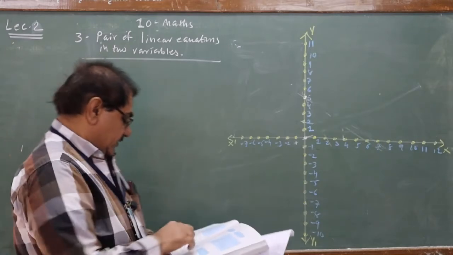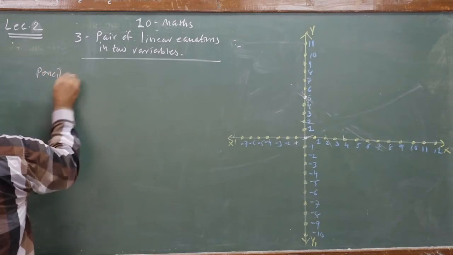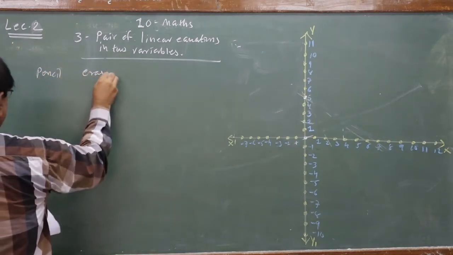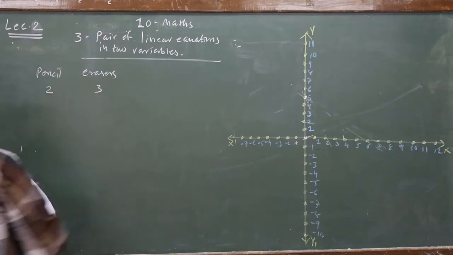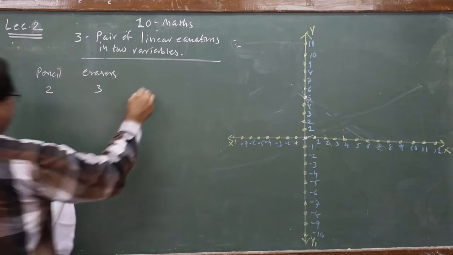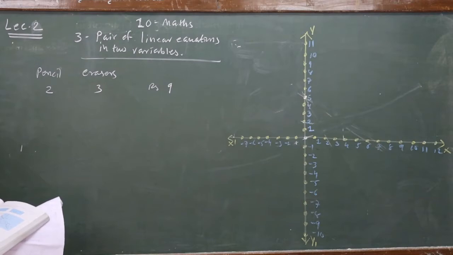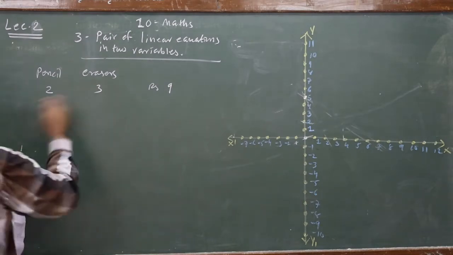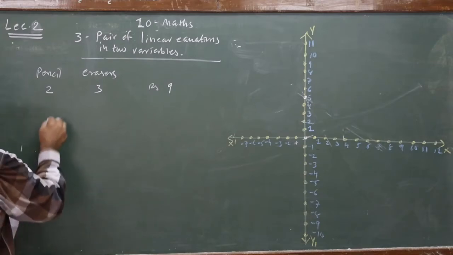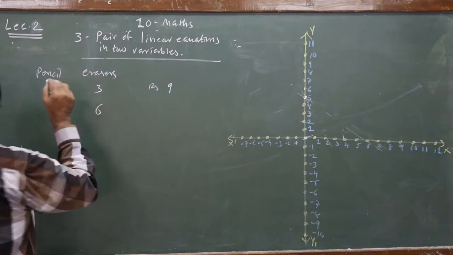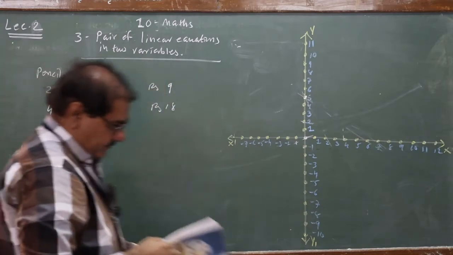So what did she purchase? She took 2 pencils and 3 erasers, and she paid rupees 9. Her friend Sonali also purchased the same kind of things, but she purchased 4 pencils and 6 erasers, and she paid rupees 18.